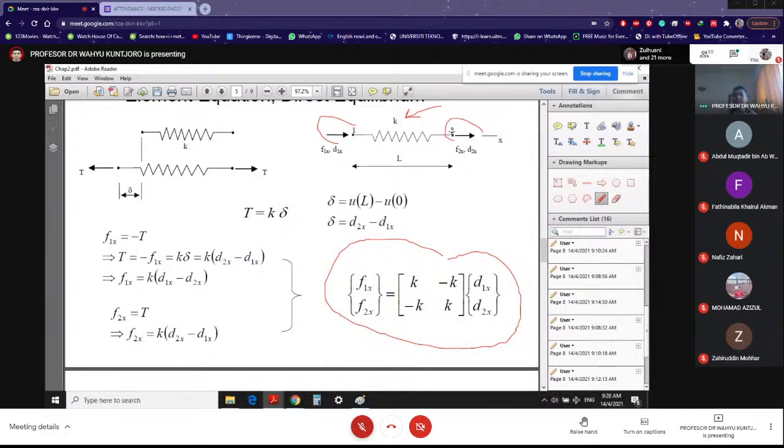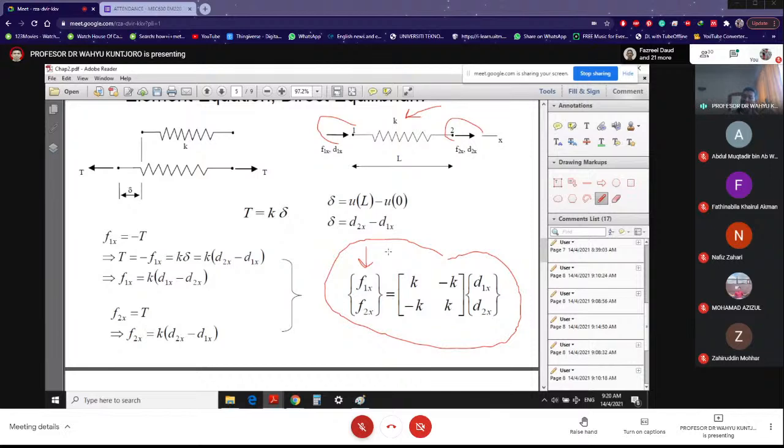I repeat again, that will be the force that element number one is going to feel based on what you find for F1x and F2x. You will also find out whether element number one is going to be in tension or in compression. Whether element number one is in tension or in compression depends on the value and the direction of F1x, F2x. I repeat again, F1x, F2x, those are internal forces, not external forces.